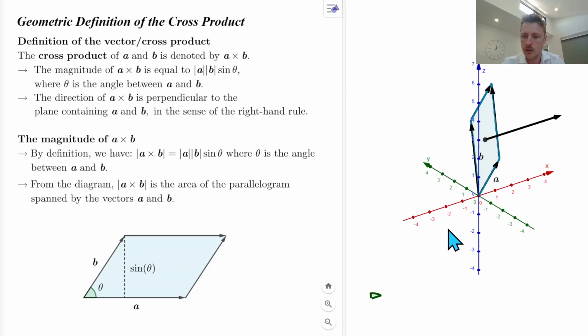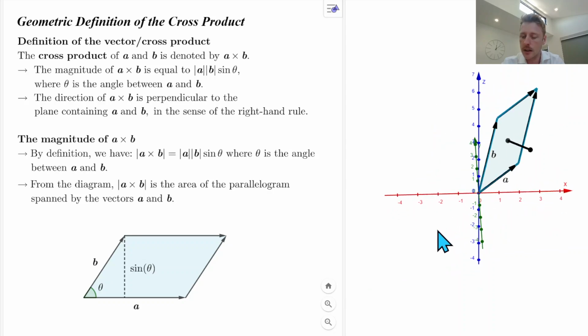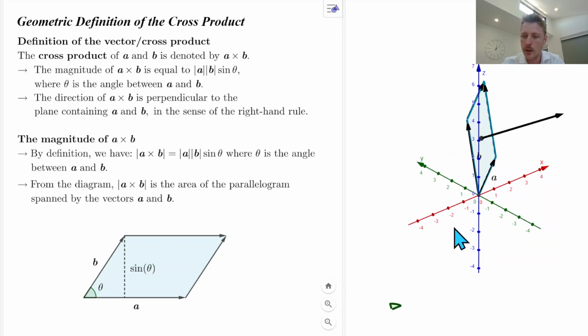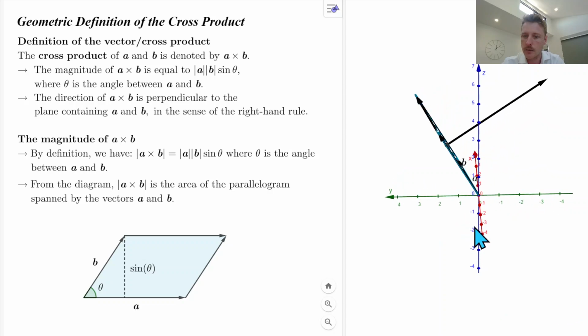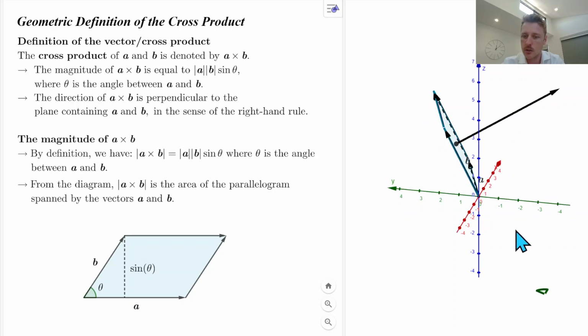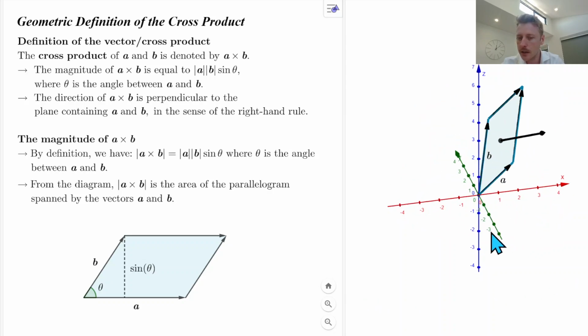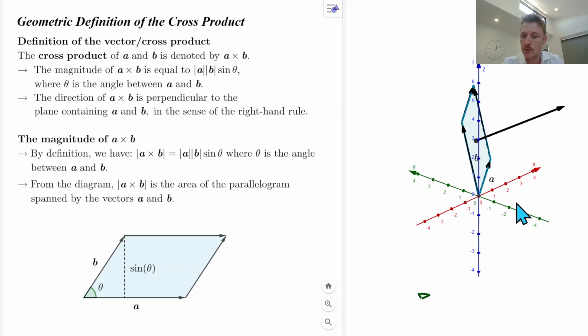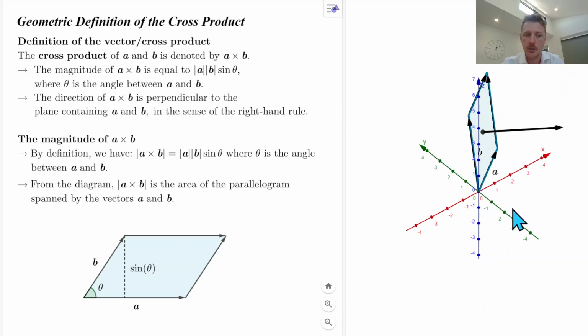So that blue surface is the plane that contains A and B. And then you'll notice we've got this vector pointing out of the page. That vector is perpendicular to A and B, and that is in fact the cross product, the resultant vector.